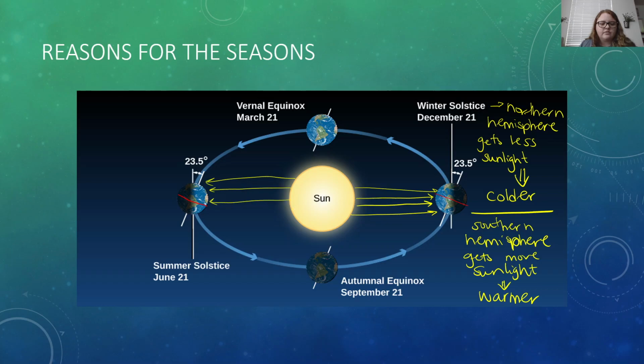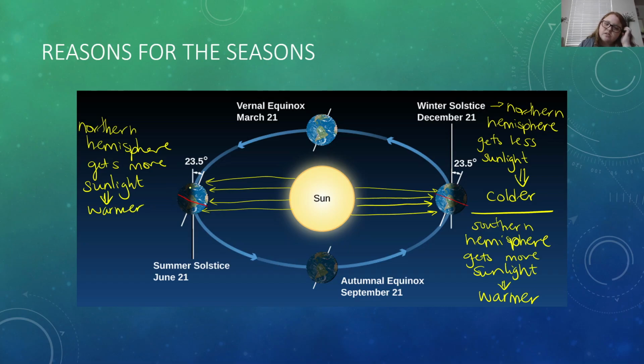But in the northern hemisphere, now we're getting a lot more sunlight. So the northern hemisphere gets more sunlight, so it's typically warmer.